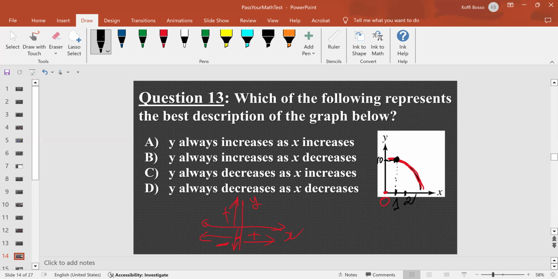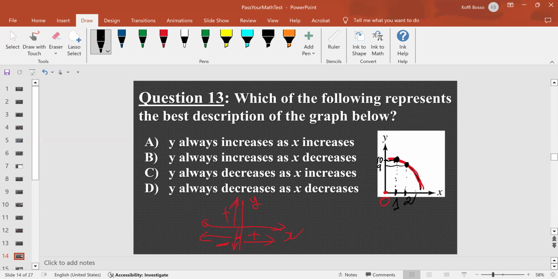When x is 2, to find the y, you project this to the graph. So there is a point here on the graph, and you find the y value by projecting to the y line. So this is below 10, so let's say 9. But anyway, it's below 10. So that means when my x is increasing, the y value becomes smaller.